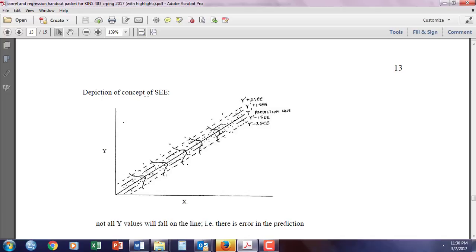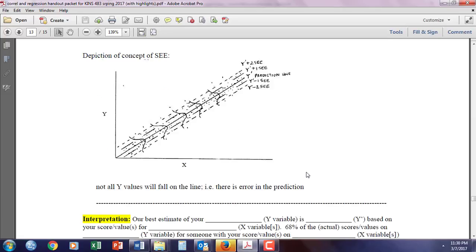So what you can do is figure out what the standard error of the estimate is. You can ask, what's the prediction plus 1 standard error? What's the prediction minus 1 standard error? And 68% of the actual scores will be in that band of plus or minus 1 standard error from the prediction. Okay?